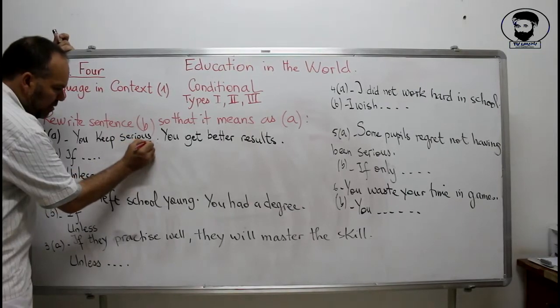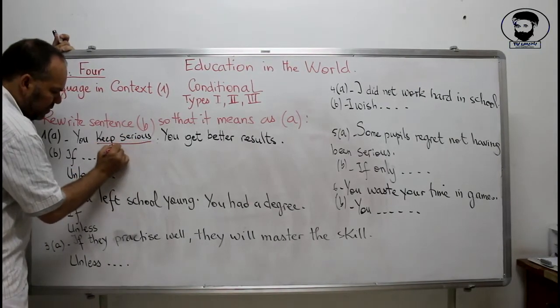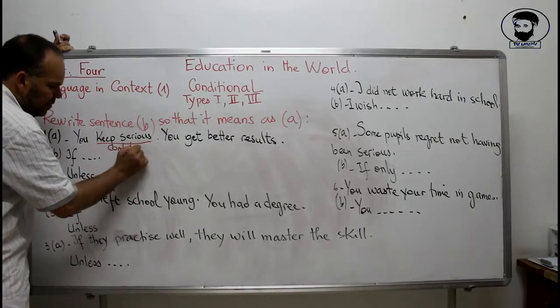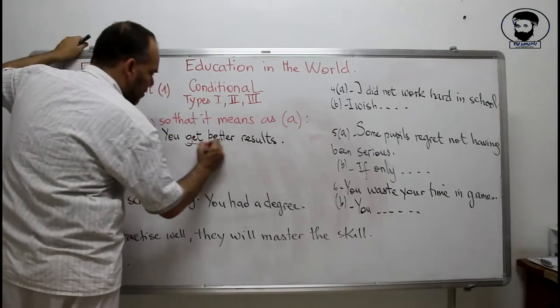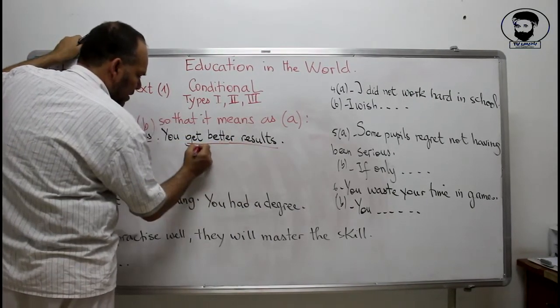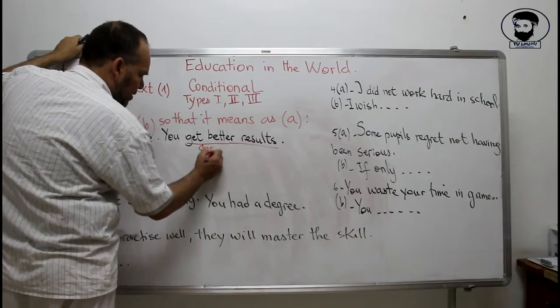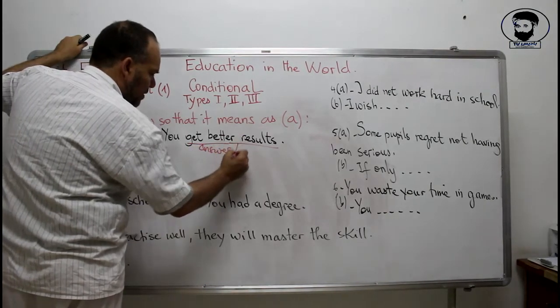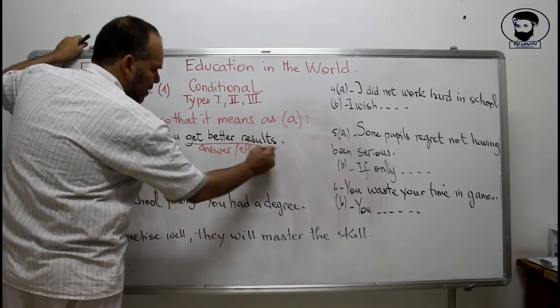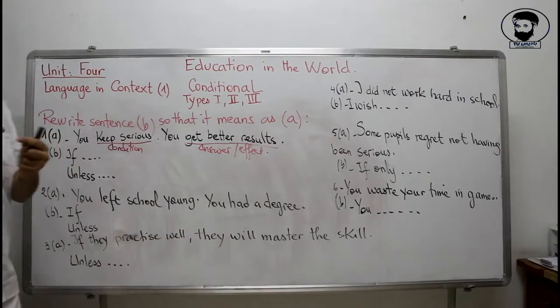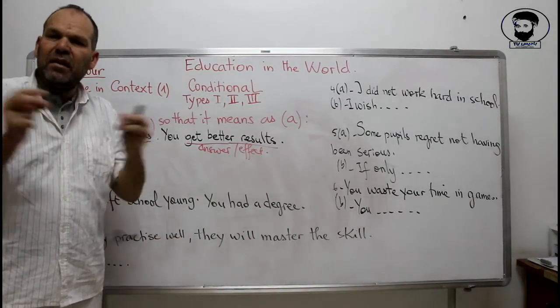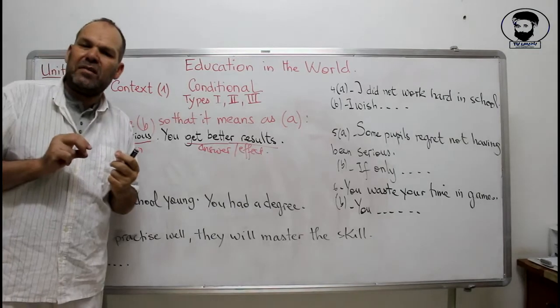Now, keep serious here is the condition, and you get better results is the answer to this condition. It means you understand it is the effect. So you must understand both forms to make a good correlation between the sentences.